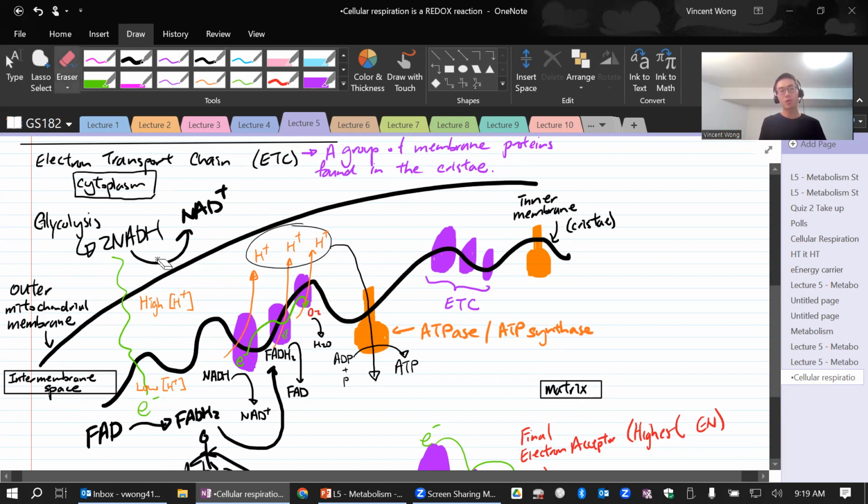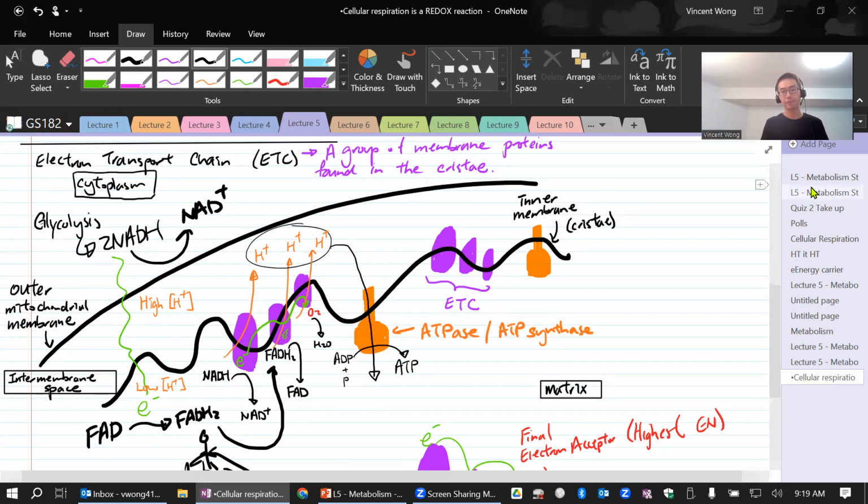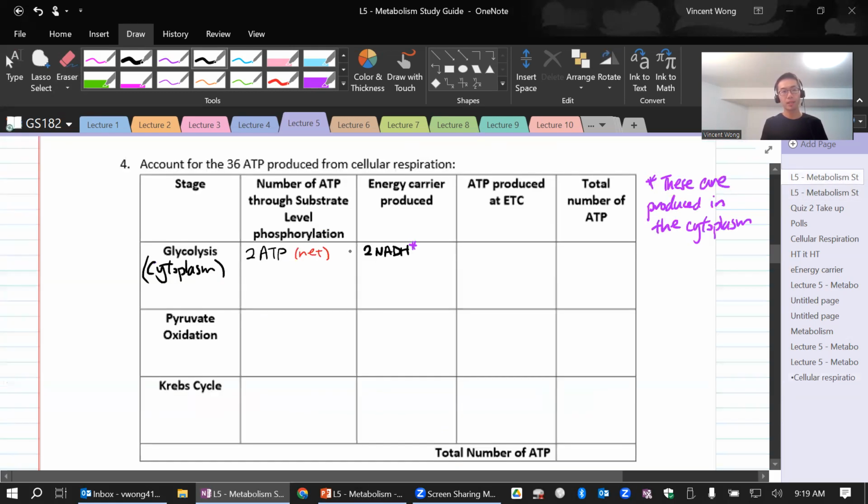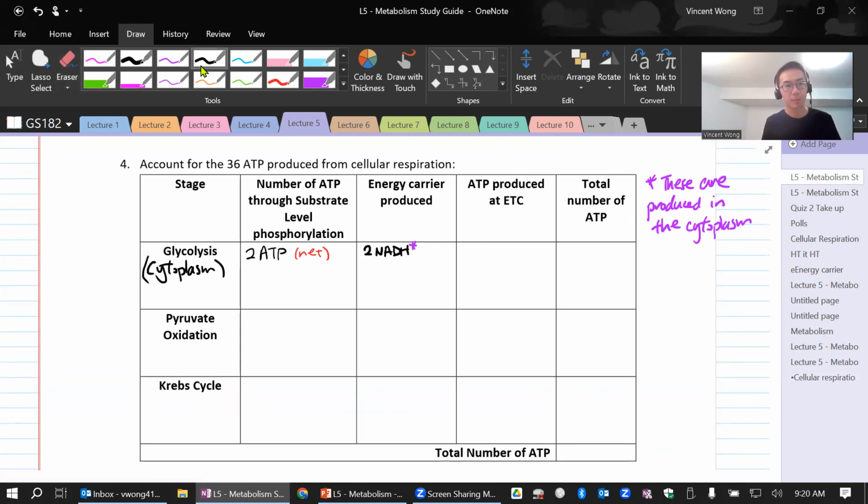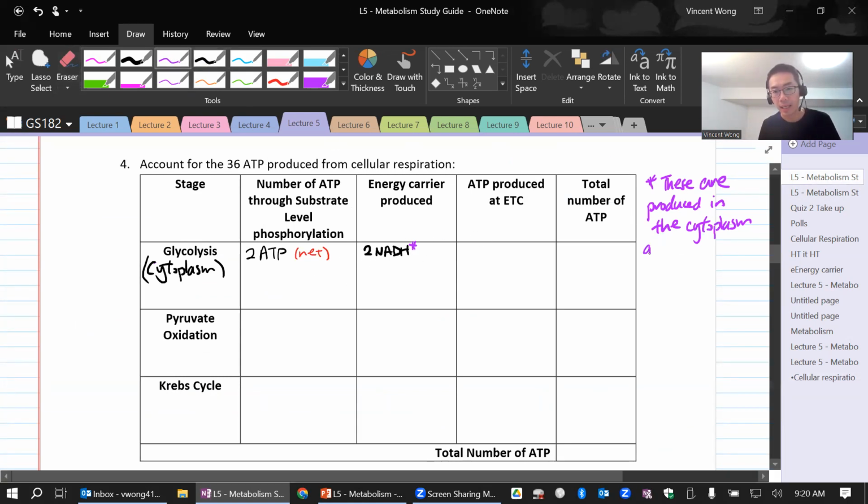Okay, so that is only a problem for the NADH that are produced in glycolysis. All the other NADH were produced in the matrix, right? So they don't have to go through this extra step. Okay, so over here, the 2 NADH, these are produced in the cytoplasm and cannot go to the ETC directly.